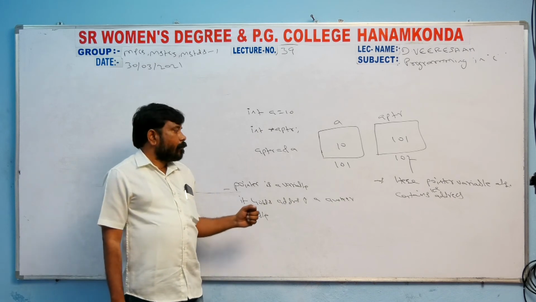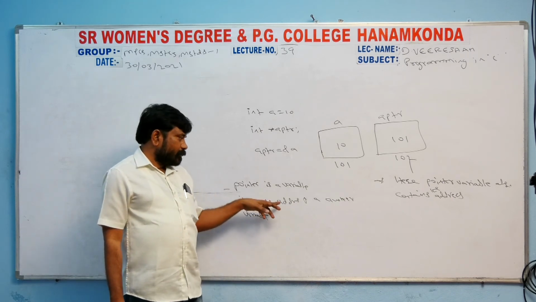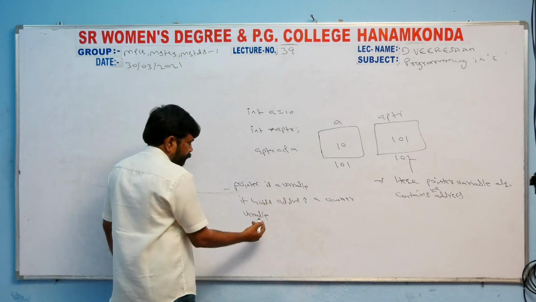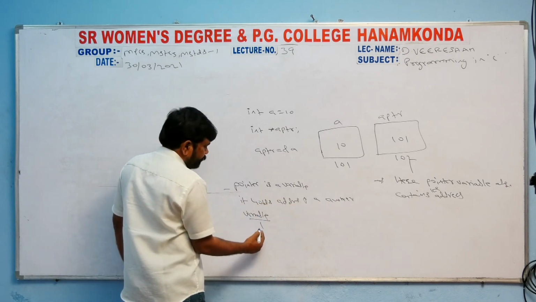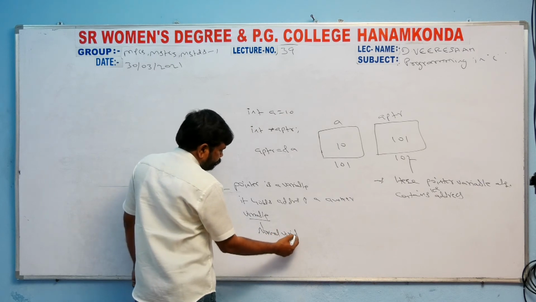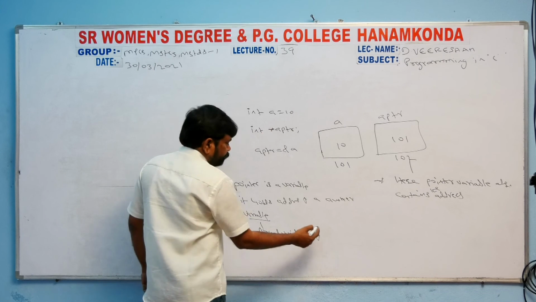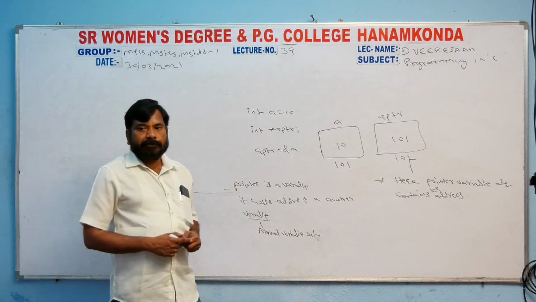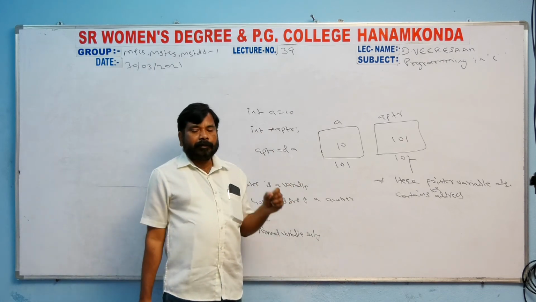Is that right or not? It means we have to observe the address of another variable. What about this other variable? It is a normal variable only. What type of address will it hold? The address of a normal variable.